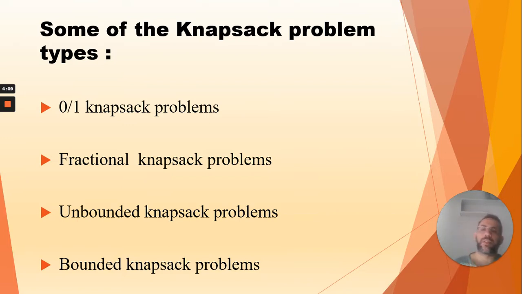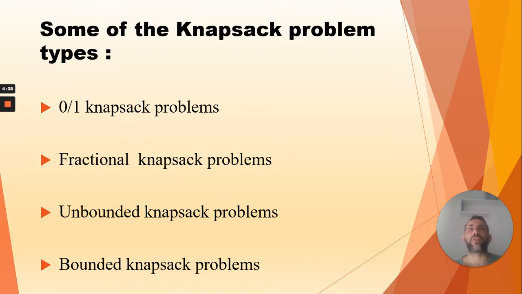The first one is the 0-1 knapsack problem itself. As we explained in the beginning, in the 0-1 knapsack problem, we have some items. Every item has value and weight. 0 and 1 means that every item is indivisible.